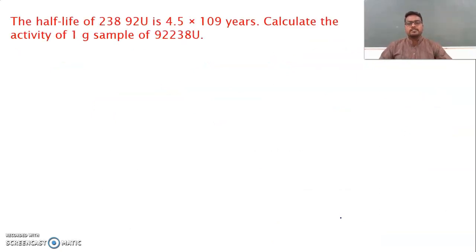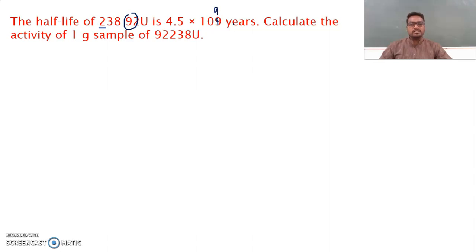Next, the half-life of uranium-238, that is 92, 238, where 92 is the atomic number and 238 is the mass number, is 4.5 times 10 to the power of 9 years.